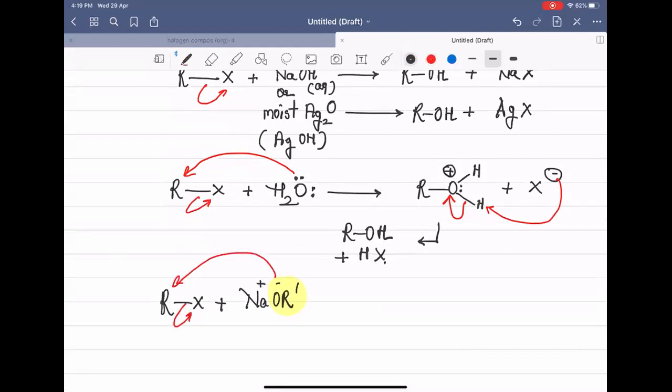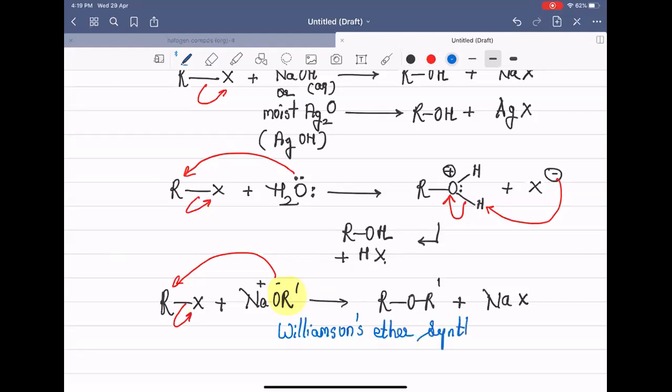Now such a reaction, in which alkyl halide is made to react with sodium alkoxide, is called Williamson's ether synthesis.